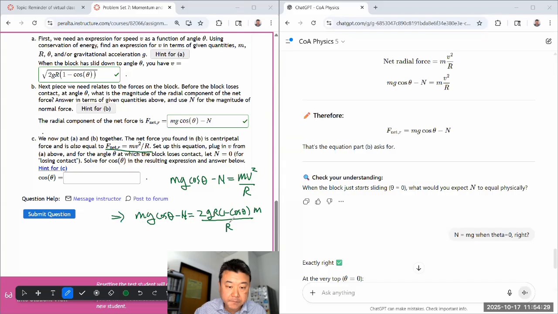The r's cancel, good. And let's say you are trying to solve for cosine theta, which I guess you can. But let me actually stop here and say I need help with algebra. I'm not sure where to go from here.